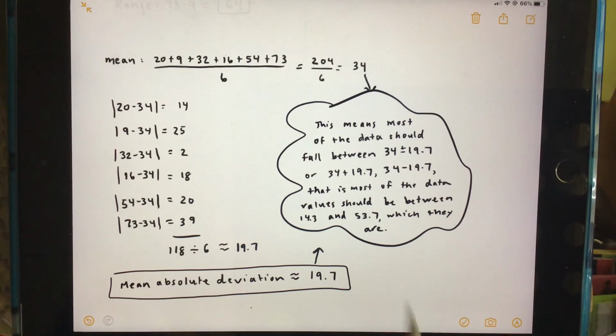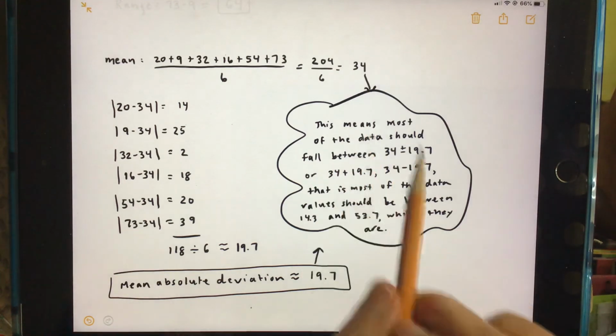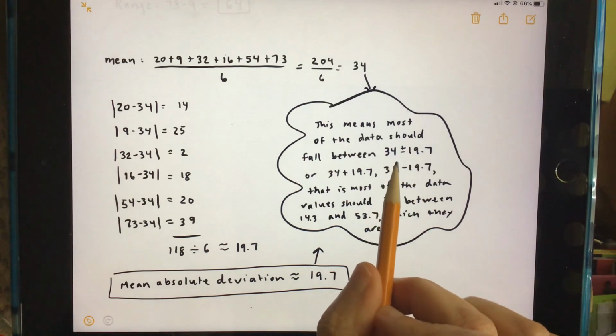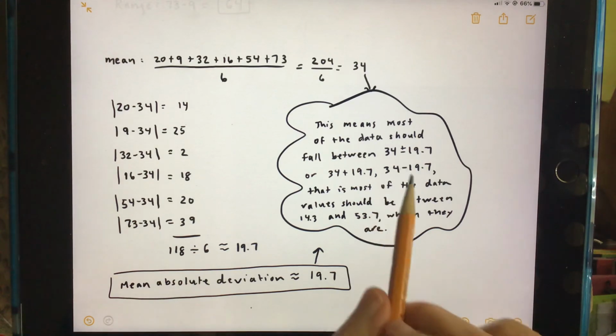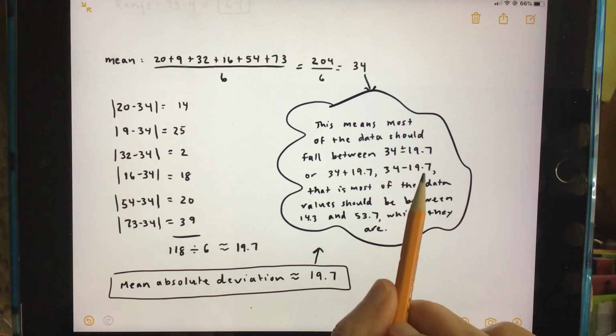Well, what does that mean? This means most of the data would fall between 34, the mean, plus 19.7, or 34 minus 19.7. You're going to go up and down from the mean, 19.7, in both directions, and most of your data will fall between whatever that works out to be. 34 plus 19.7, 34 minus 19.7.